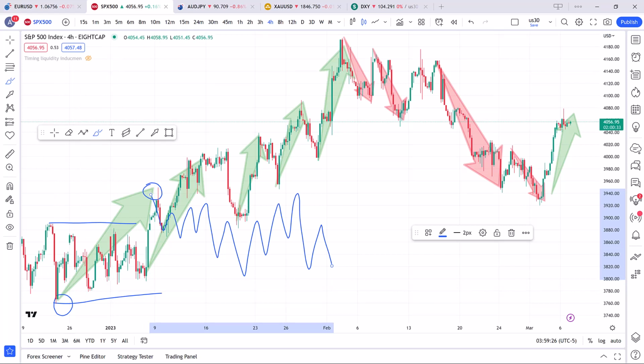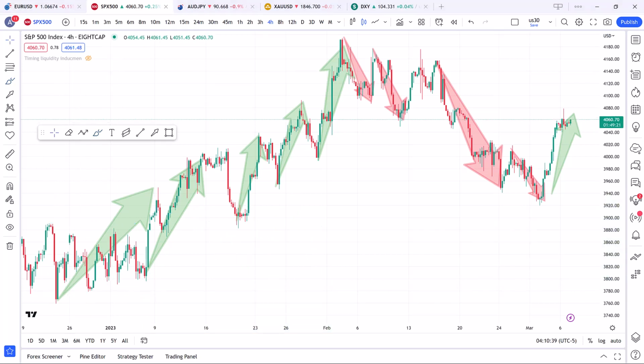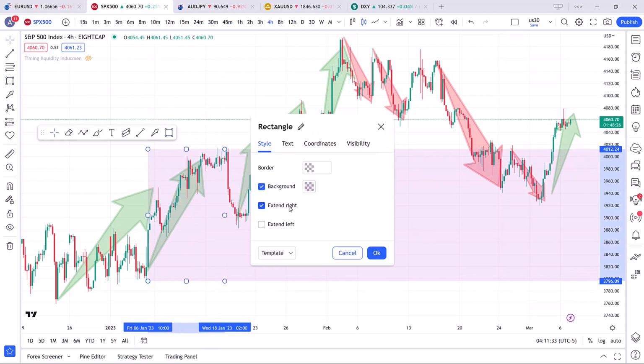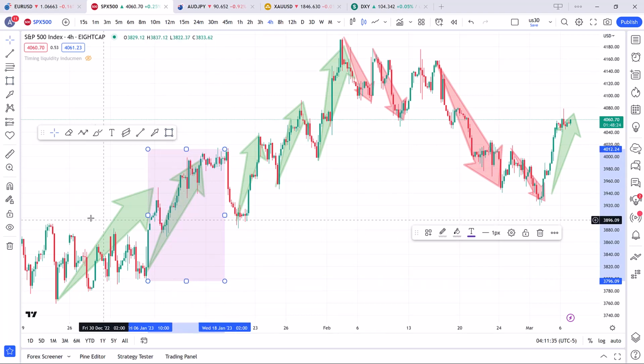Another very important thing about identifying and marking your trading ranges is that it is a very good measurement tool. I mean that you can mark your trading range, for example from here to this high, and you say that it is my trading range, it broke this structure and I want to trade somewhere in this range.